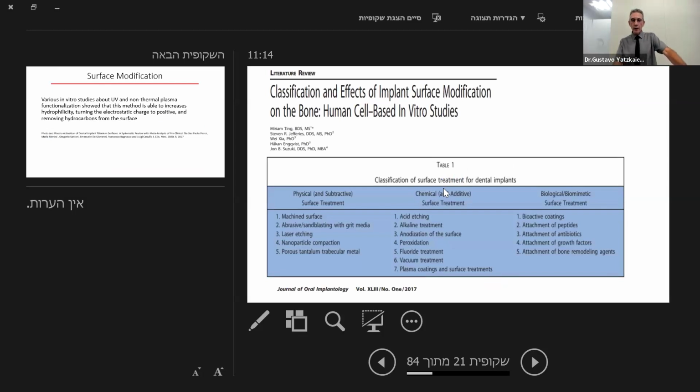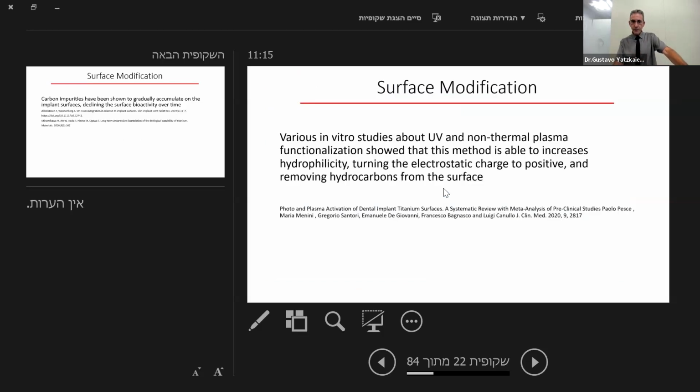Some of them work physically on the surface, such as the machined surface, the laser etching, the sandblasting. Some of them are chemical, such as acid etching, alkaline, anodization, or some are biomimetic surfaces with coatings, peptides, or antibiotics.